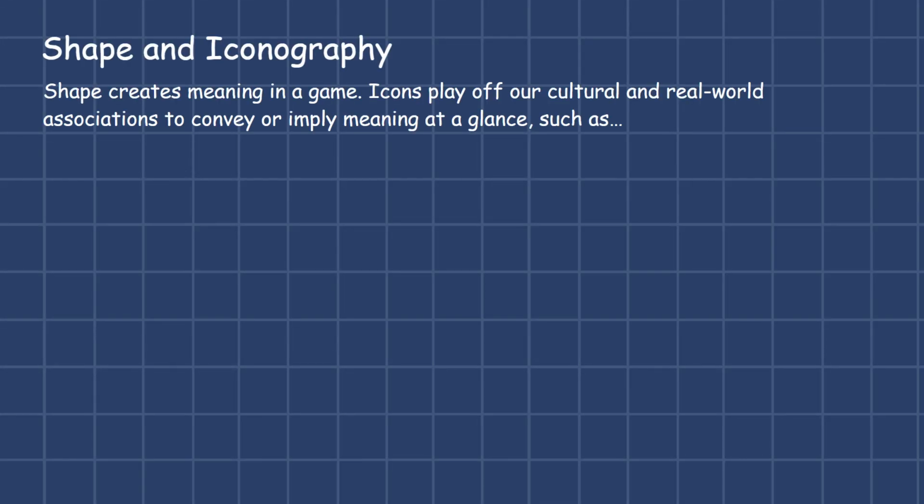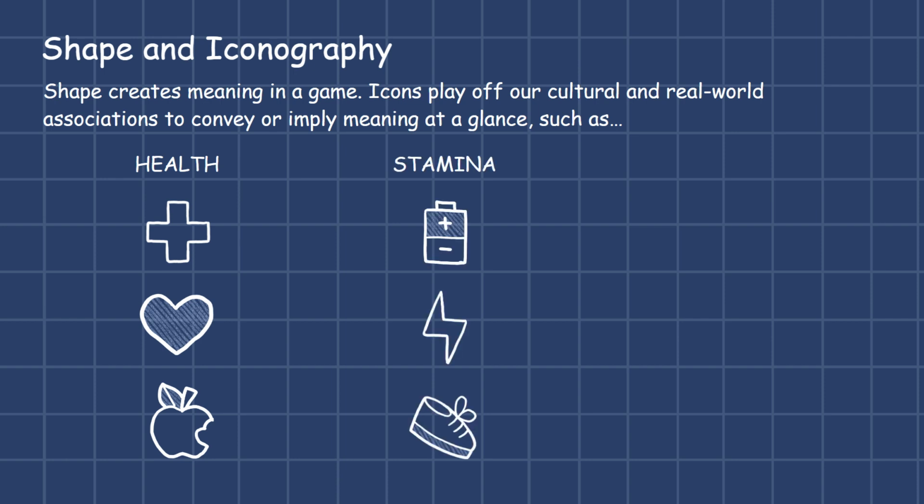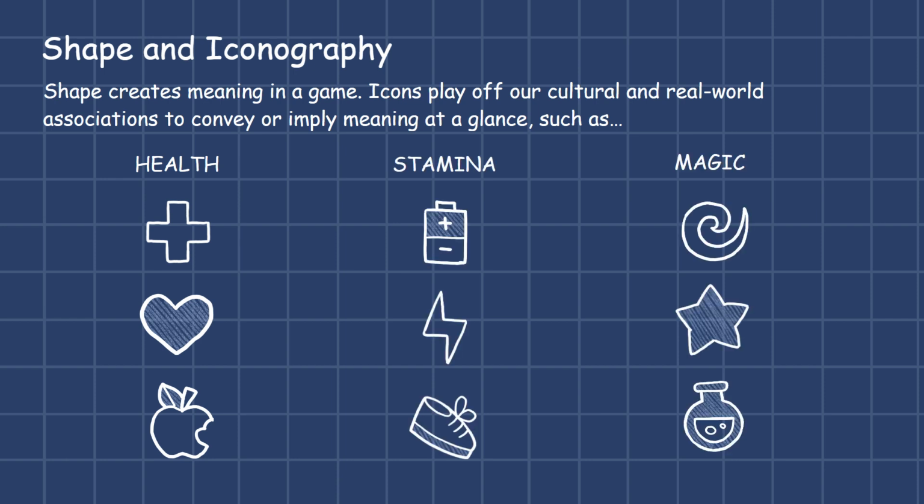Shape creates meaning in a game from a combination of existing game conventions, real-life parallels, and its own in-house elements. Probably the most recognizable use of shapes in games is to encode information using icons in a game's HUD. Icons play off our cultural and real-world associations to convey or imply meaning at a glance without relying on language, such as health, stamina, or magic.